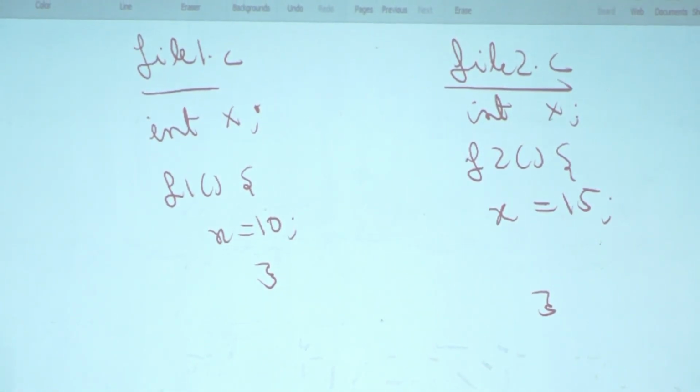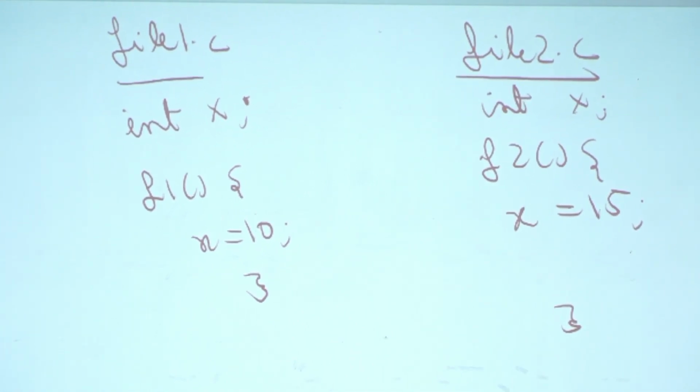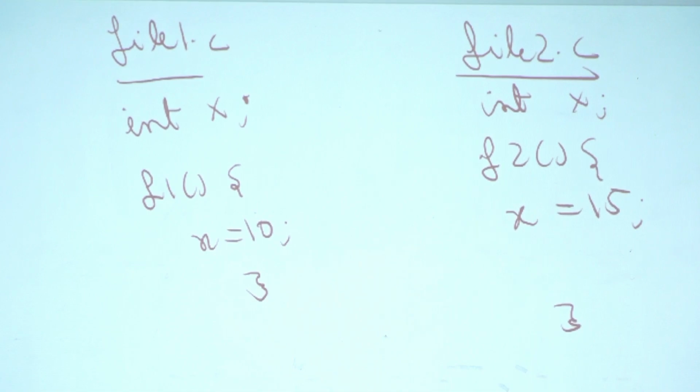But what if your requirement was something else? So what was your requirement? You wanted only one x. You didn't want two x's. When you declare static, you have two x's, one for this guy, one for this guy. And if you don't say anything, they will collide and the compiler will say, hey, you've gone bonkers or what, right?